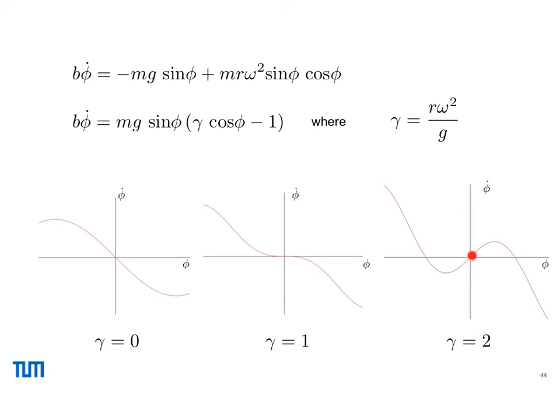Now the bead goes away from the bottom and finds a stable fixed point, an equilibrium condition, at an angle phi.